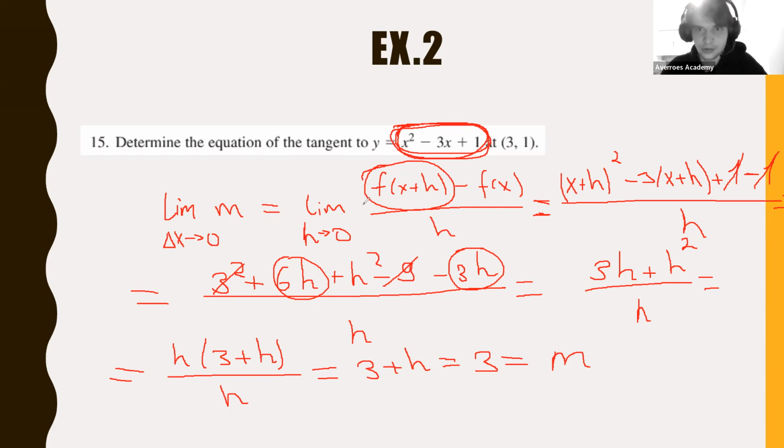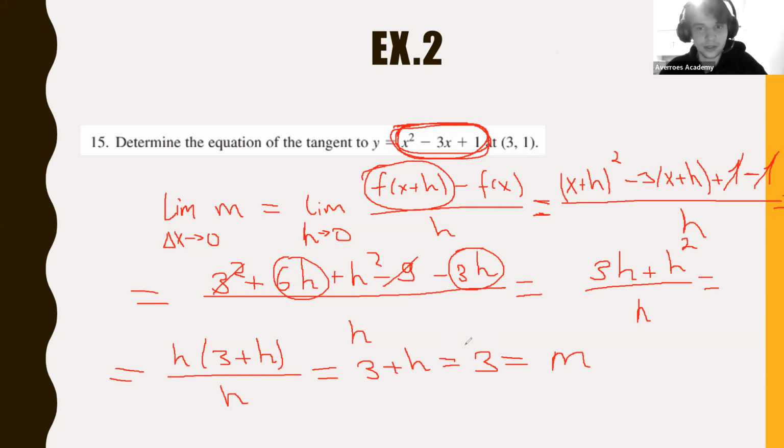So now we know that m is equal to 3. Now let's write down the formula for a line. So we know m, and we need to find the equation of a line, right?